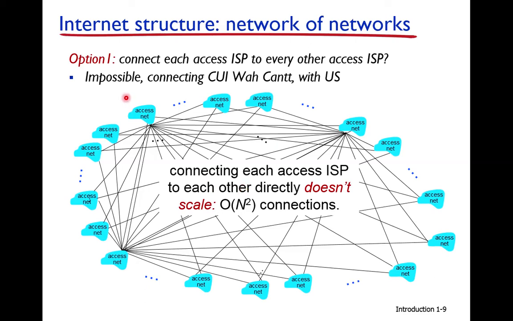It is even impossible, because connecting COMSATS Wah to an ISP in the US, it is impossible to lay down the wires, the cables, the connectivity. It creates a lot of links, and these links may sometimes pass through multiple countries. So definitely it is very, very expensive. Expensive means that it is somehow impossible.